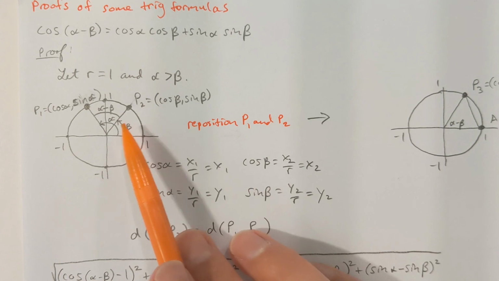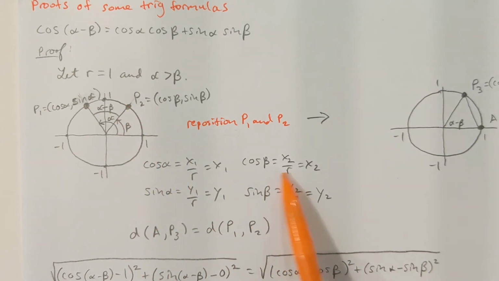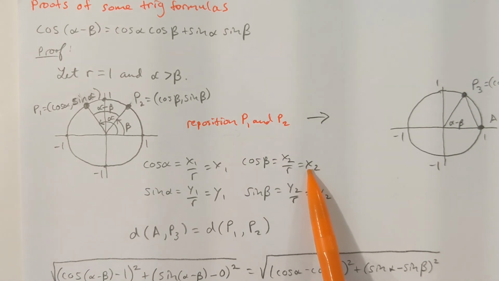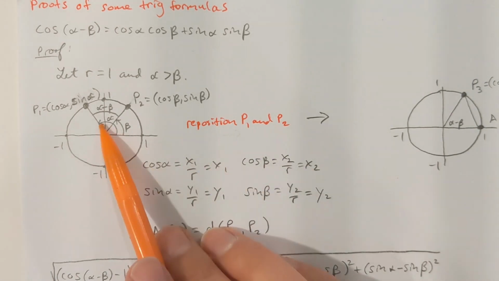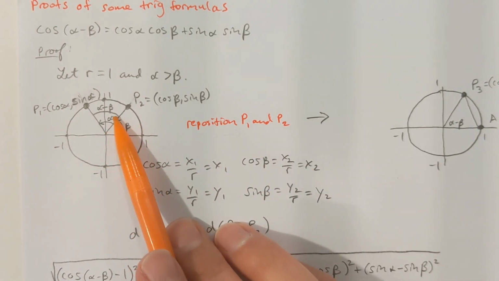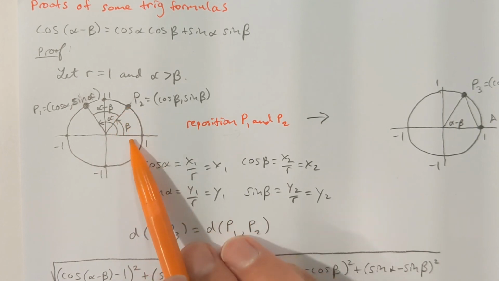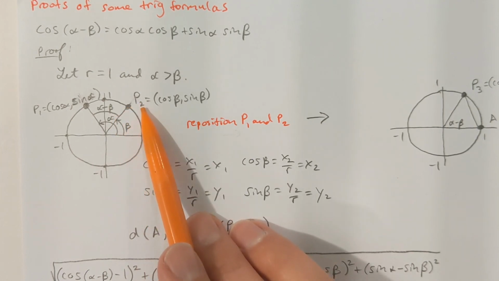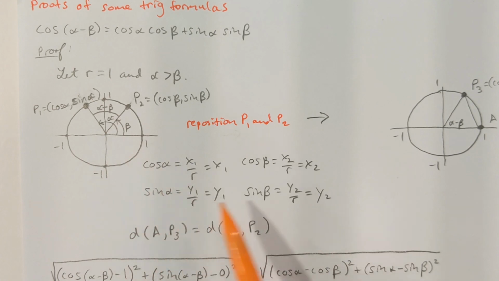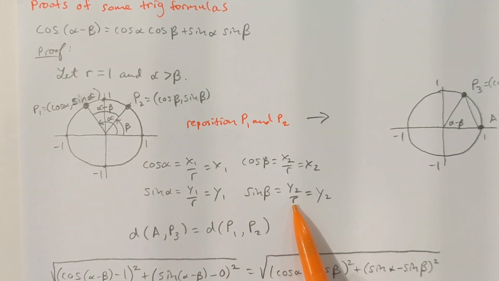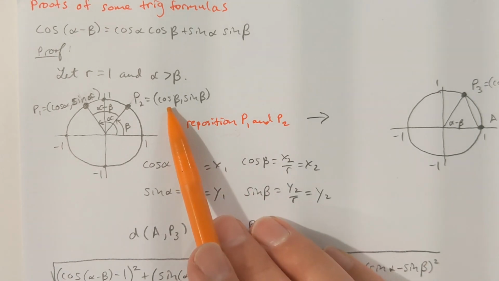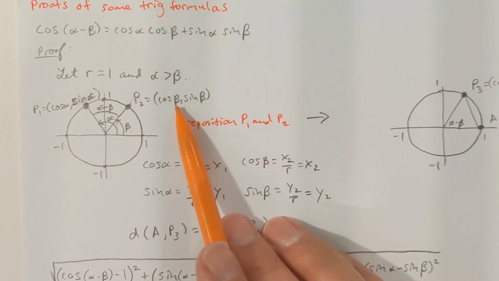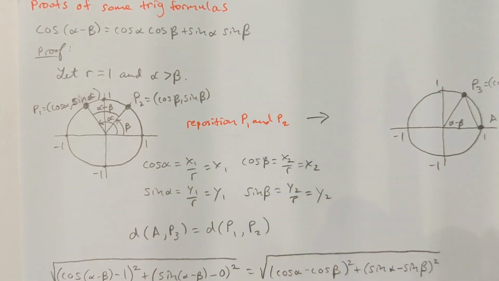The hypotenuse is the radius of the circle, which is 1. So cosine beta would be my x2 coordinate. Sine beta would be opposite over hypotenuse. The opposite side would be the y2 value that got me to point 2. The hypotenuse is the radius of the circle, which again is 1. So y2 would be the same as sine beta. So instead of writing x2, y2, I'm writing cosine beta, sine beta.